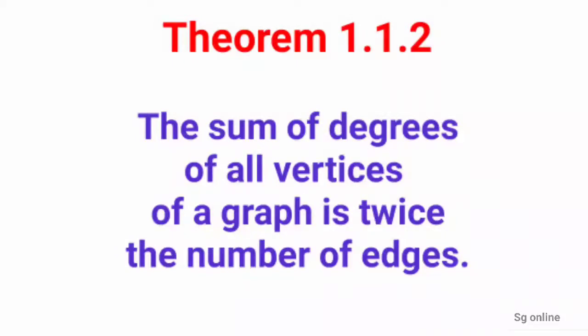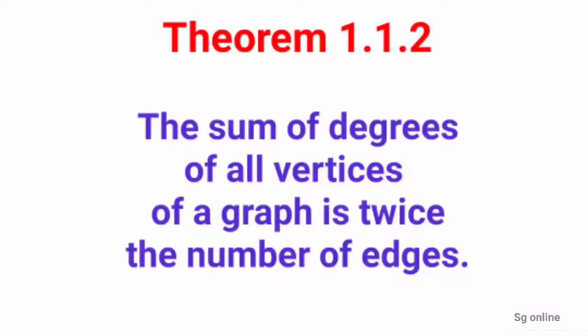The first result is that the sum of all degrees of vertices is twice the number of edges. As already discussed, there is nothing more to prove here. Including the loop, each edge contributes 2 to the sum of degrees of vertices.